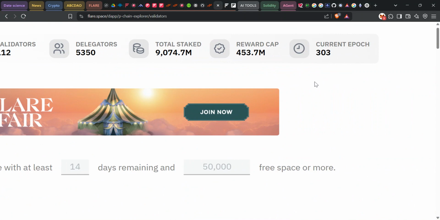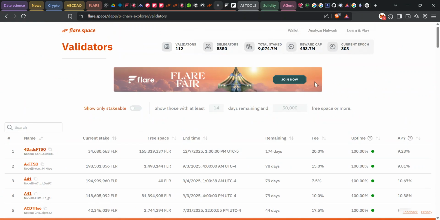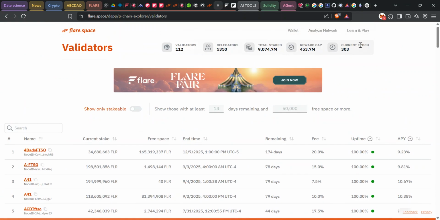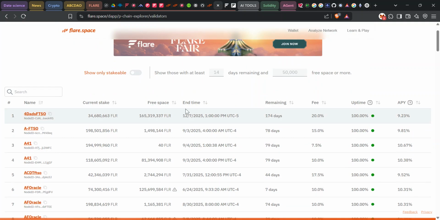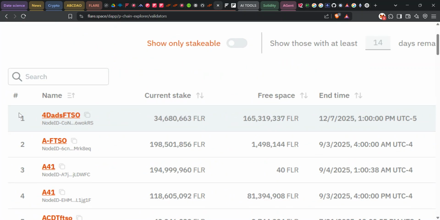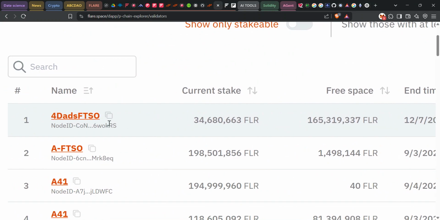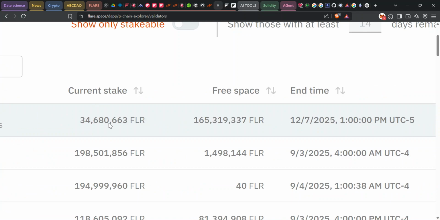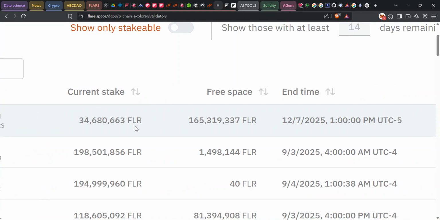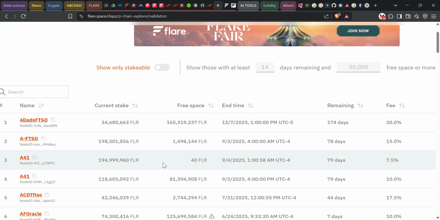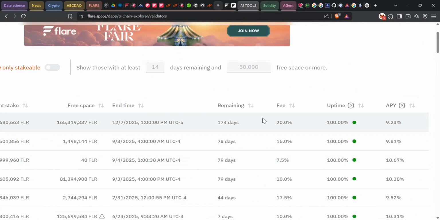And the current epoch is 303, which is basically a period of time. We can see the number one validator right now is 4Dad's Flare Time Series Oracle with 34 million Flare staked, basically 35 million. They have a lot of free space for Flare right there. Remaining days left, there's 174. There's a 20% fee.